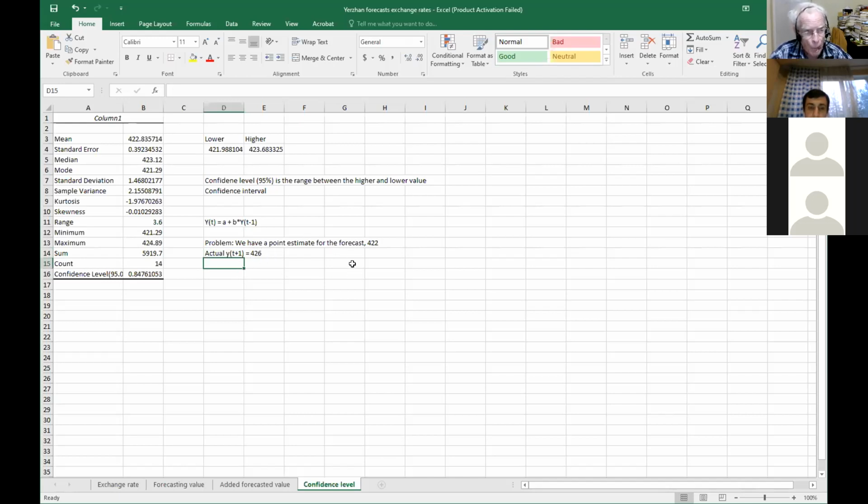Does this mean that our model is good because we have missed the actual value by only 4 pennies? Or is this a bad model because 4 pennies sounds like a lot of difference to us?